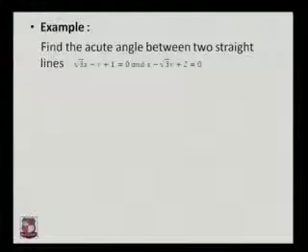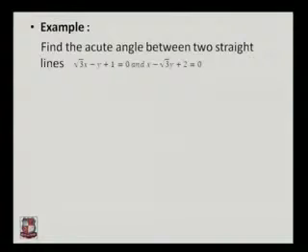Our first example for the angle is the question: find the acute angle between the two straight lines root 3x minus y plus 1 is equal to 0, and x minus root 3y plus 2 is equal to 0. This example was asked in July 2011.